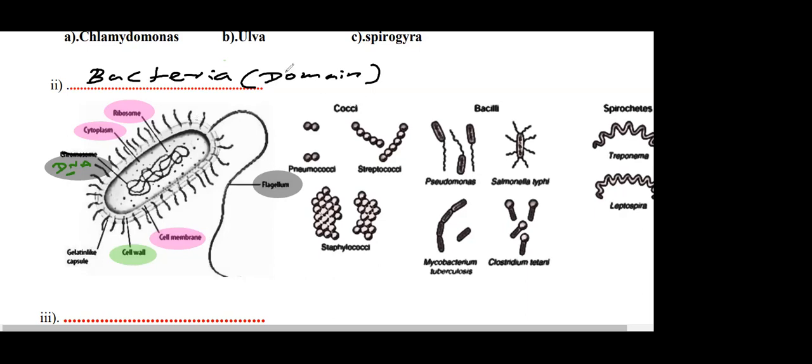The next part, can you all see here? Bacteria can be classified according to their shapes: cocci or coccus, spherical shape; bacilli, rod shape; then spiral shape; and the comma shape. So this is called comma shape. This is spherical shape bacteria, cocci.